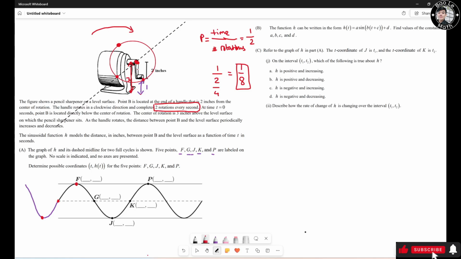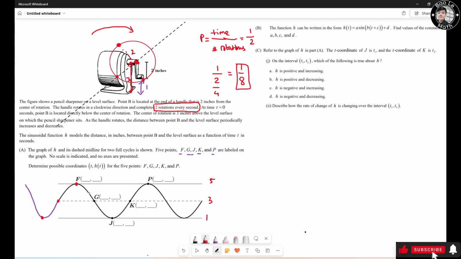The midline has the value from the center to the baseline, which is 3. When the handle goes to the maximum, the distance is 2, so 2 plus 3 is 5. And then the lowest point is the distance of 1.